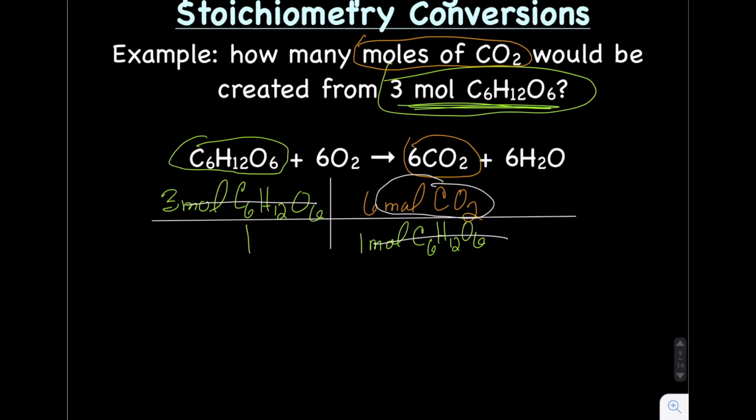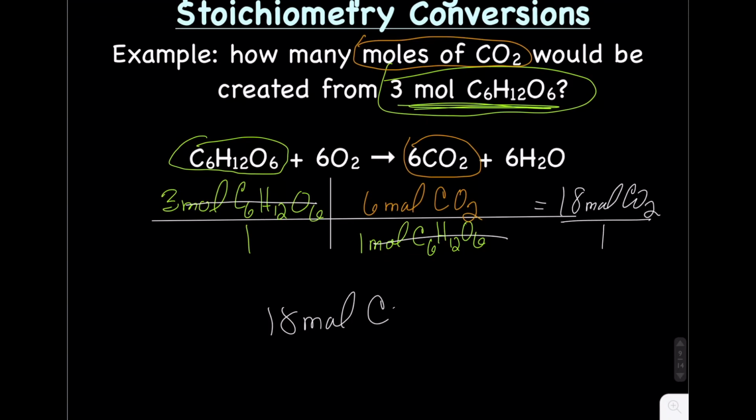So from here, all we have to do is multiply across the top, multiply across the bottom, and divide. So when I multiply across the top and bottom, I end up with 18 mole CO2 over 1. And when I divide, I end up with 18 mole CO2.